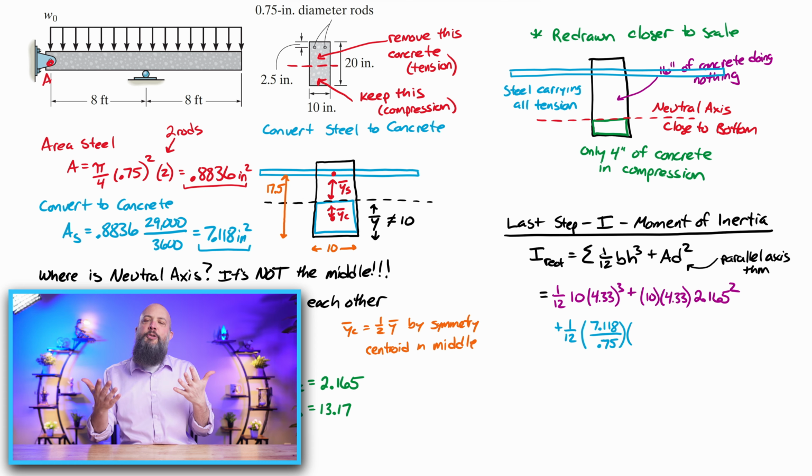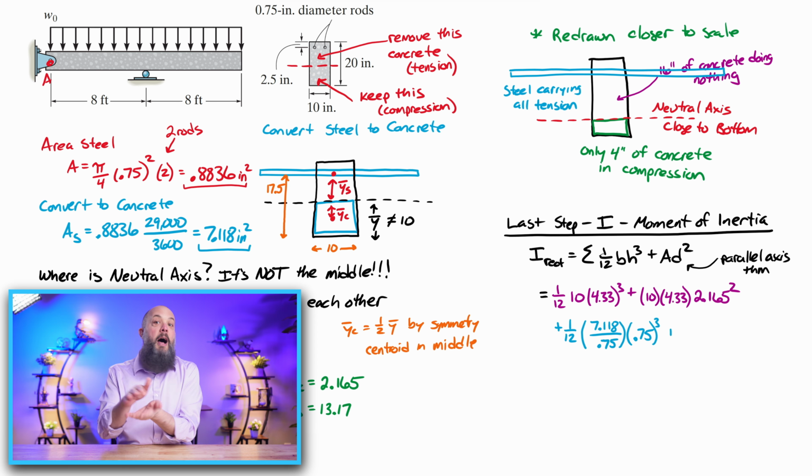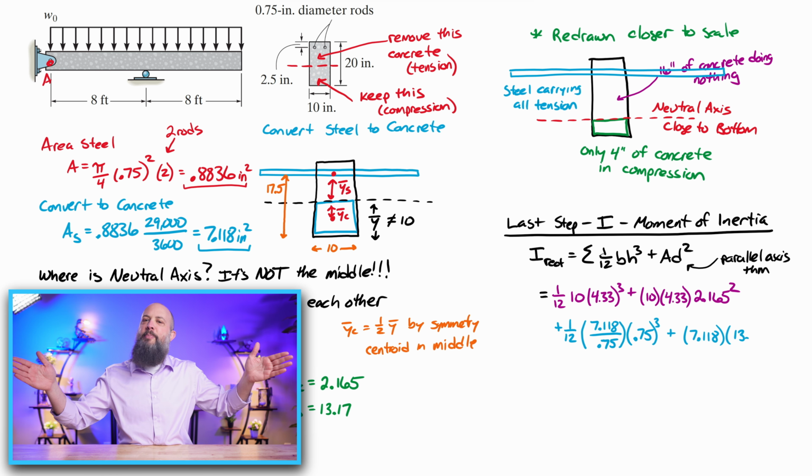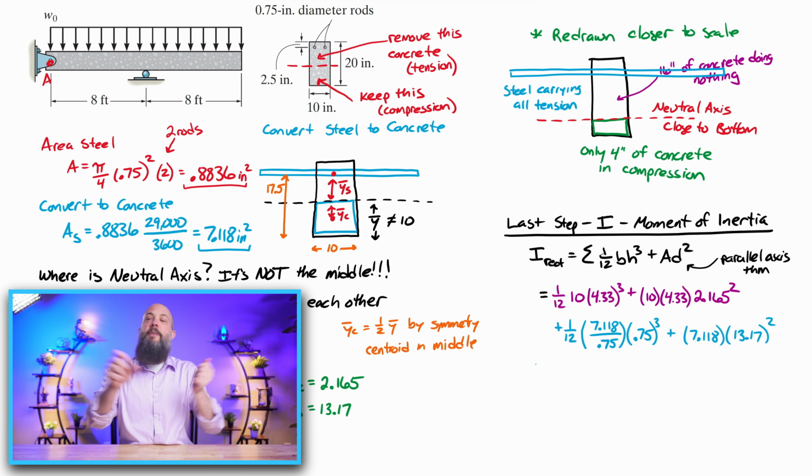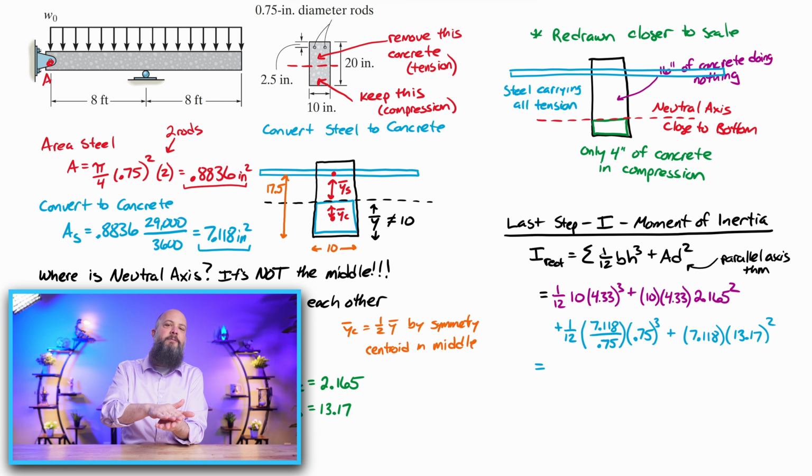So my 1/12 BH cubed, 1/12, the height is 0.75. The base, the equivalent base, is going to be my area 7 divided by 0.75. So when I take my base, 7 divided by 0.75, multiplied by the height, 0.75, that gives me my area of 7. So 1/12 base height cubed.